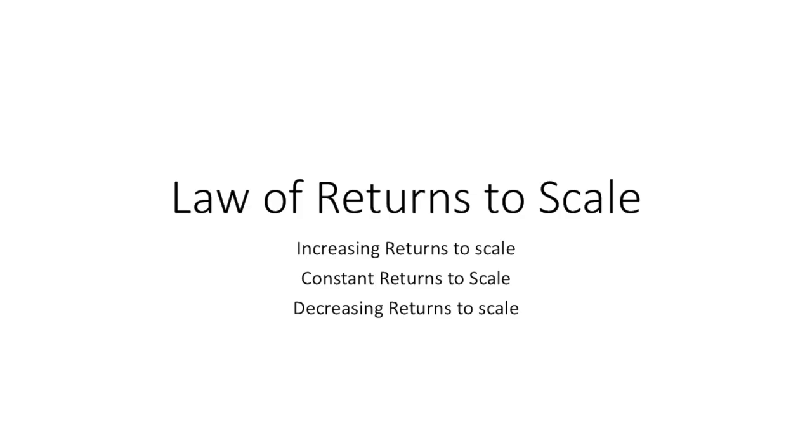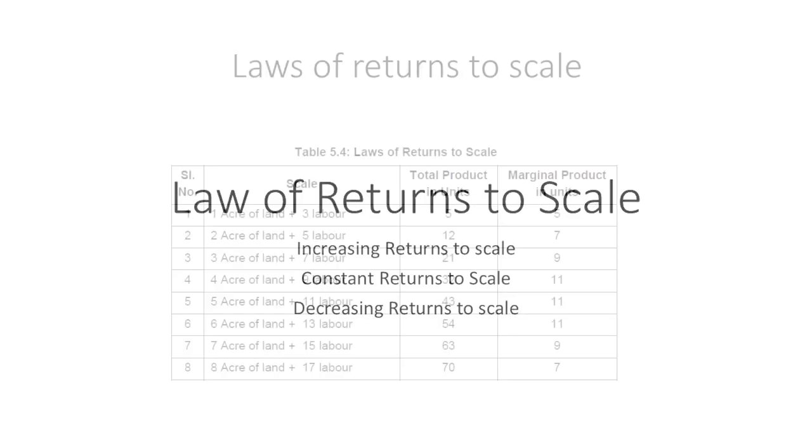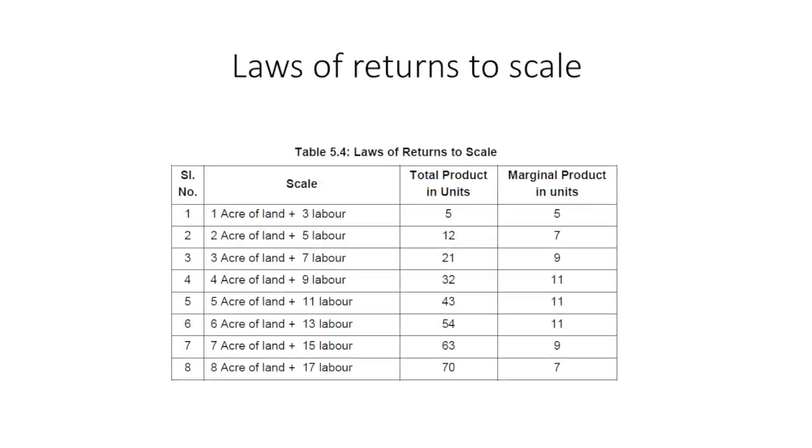Now we can understand this concept with the help of a table. Here you can see there are two factor inputs. One is the land, that is a fixed factor input, and the other one is the labor.